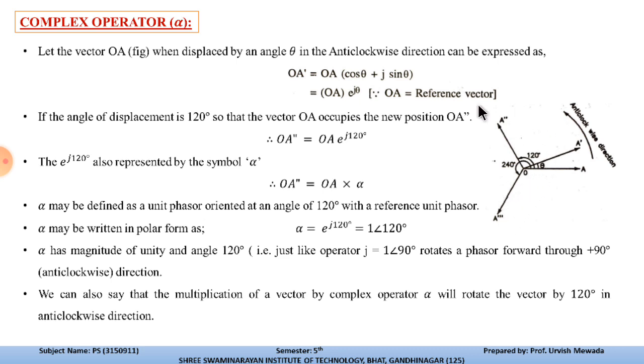So this is the position of the phasors, and let us discuss how this operator plays its role in the solution of the complex power system for the symmetrical components.